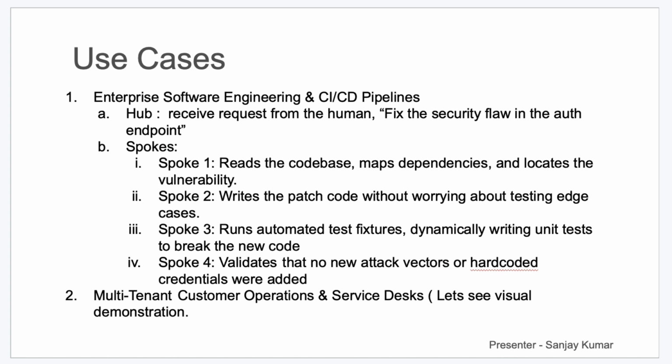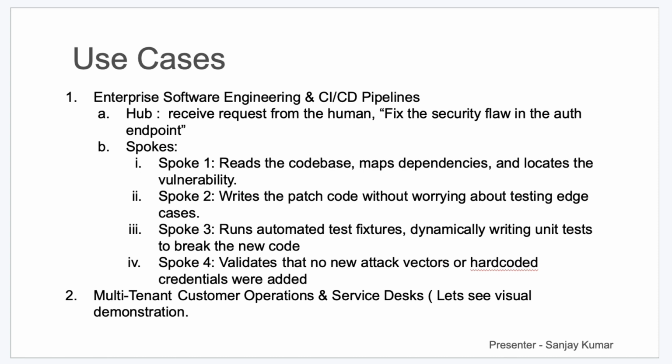But let's understand how you can use this architecture in your engineering process. The first and foremost thing is the hub, which receives the request from the developer. An example being: fix the security flaw in the authentication endpoint. Now the hub breaks down this task and assigns it to its spokes or sub-agents.